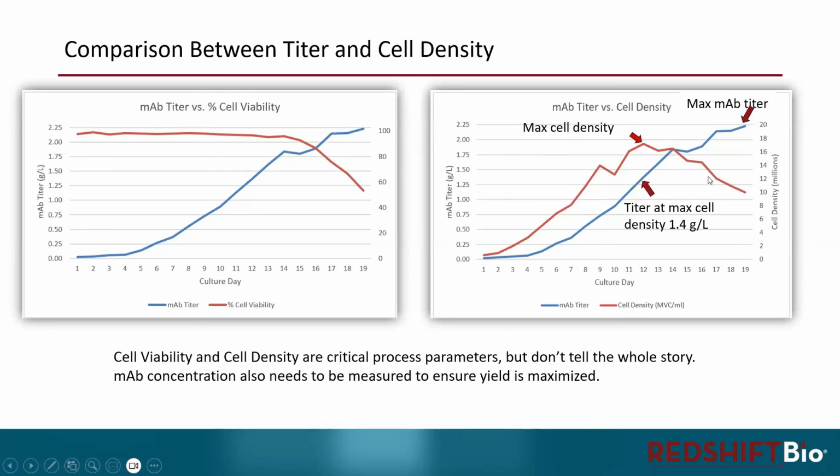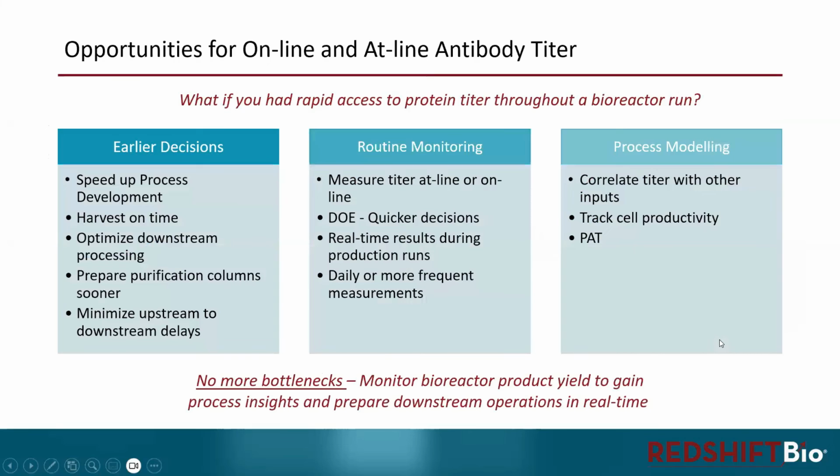Whereas when we look at day 19, the max cell density has decreased quite a bit, but that antibody titer is now maxing out at nearly 2.2 grams per liter. So both data points, very important for understanding what's going on with your culture and for getting the maximum yield that you can from that culture.